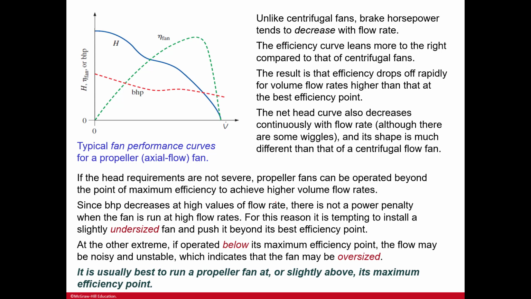The net head curve also decreases continuously with flow rate, although there are some wiggles, and its shape is much different than that of a centrifugal flow fan. It's usually best to run a propeller fan at or slightly above its maximum efficiency point.